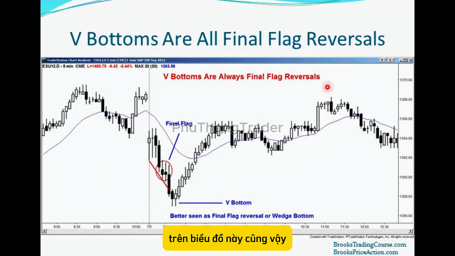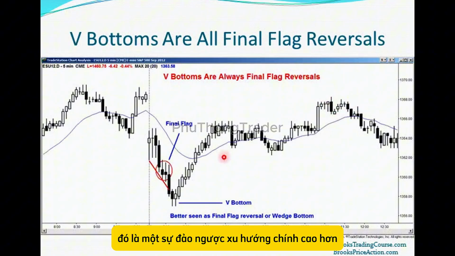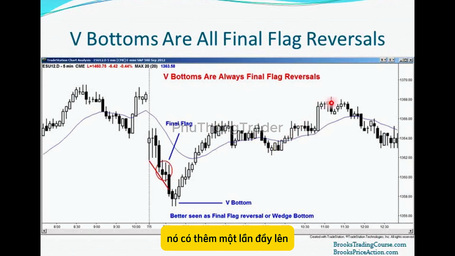On this chart as well, you can say, well, where's the double top over here? It's a higher high major trend reversal. There's a trend line break over here, and then a new high. Well, it's actually a double top with this high. The market tried to top out here and failed. It had one more push up. So this top is actually a double top with this.